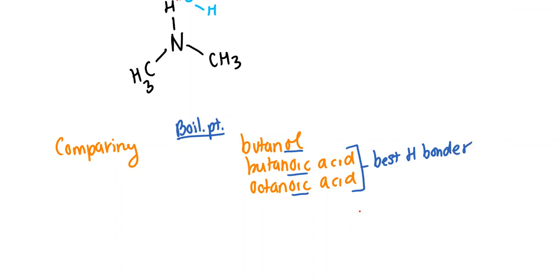Best hydrogen bonders, is what I say. But then of the two, the octanoic acid is larger, and so that makes it stick together even more. Remember that there's always dispersion attractions, so more atoms in contact when you have octanoic acid. This will be the highest of the three when it comes to boiling point.